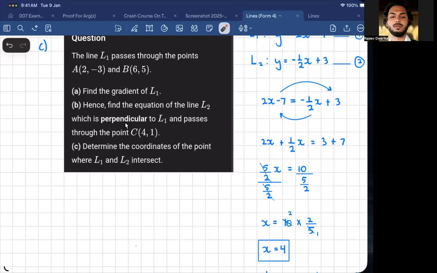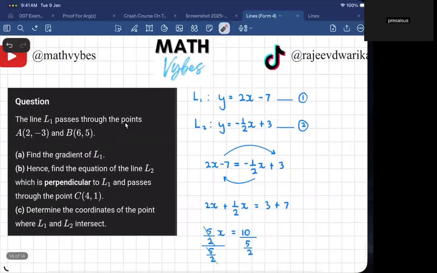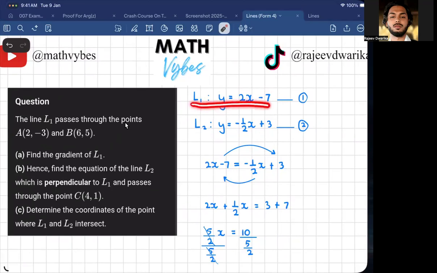At least for this topic, it's simple. In this topic, the equation of a line would always be y is equal to mx plus c. The first thing you need to do is have both equations for the lines. You see how we find L1 and we find L2? You need both equations as the first step. Must have L1, must have L2.